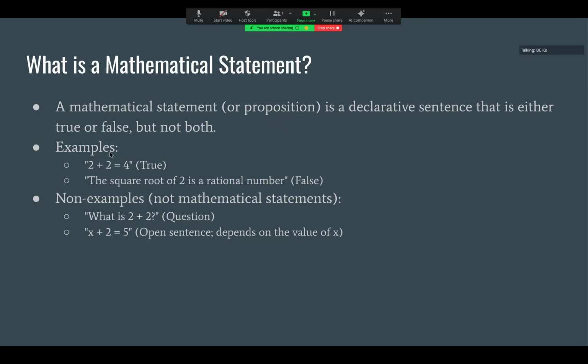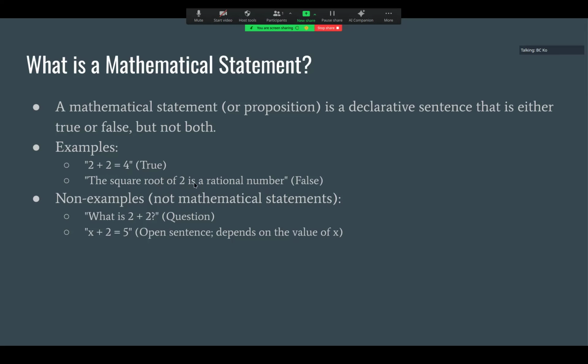For example, 2 plus 2 equals 4 is a mathematical statement because it is a declarative sentence and it is true. On the other hand, the square root of 2 is a rational number is a mathematical statement that is false.